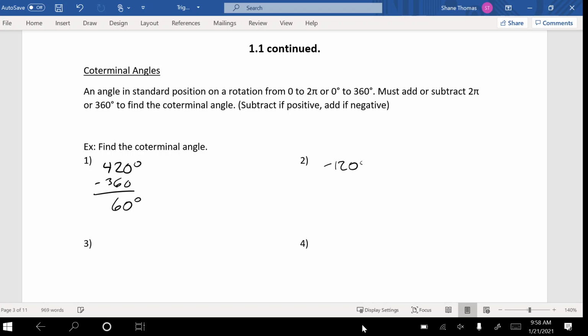Now, you can also do this with negatives. We want something to be a standard angle, so it has to go from 0 to 360. If I come back over here to my little picture, negative 120 degrees would start at the same spot and go in this direction.